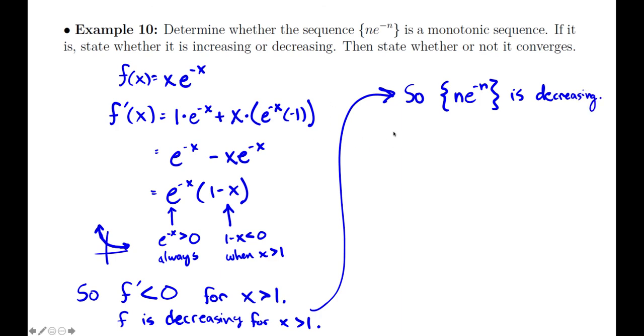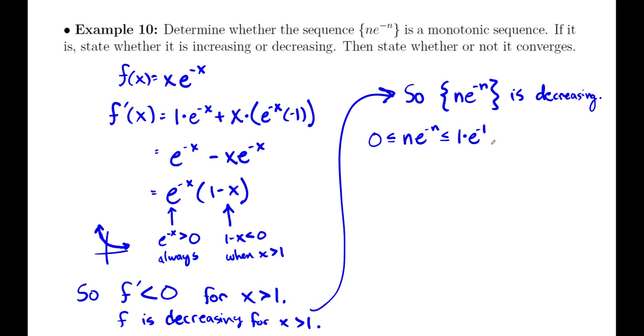Now, not only is it decreasing, but we could also say that it's bounded. The reason we can say that is because this thing is never negative, right? You're plugging in only 1, 2, 3, 4, and so on for n, and exponentials are never going to be negative. So you can say that it's bounded below by that. And then you also know that it's bounded above by 1 times e to the negative 1, plugging 1 into this formula.